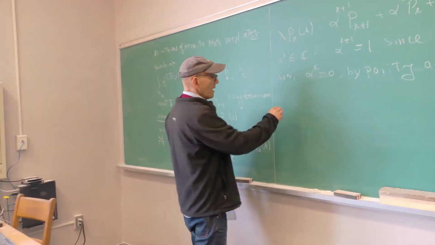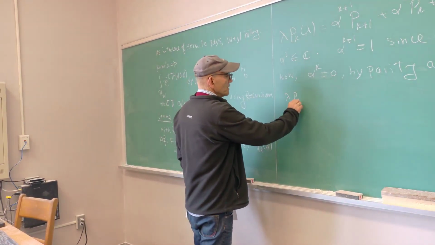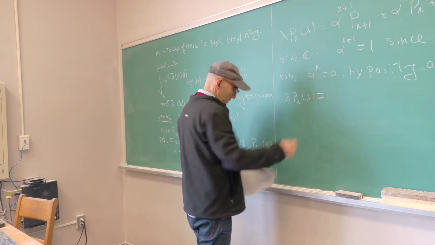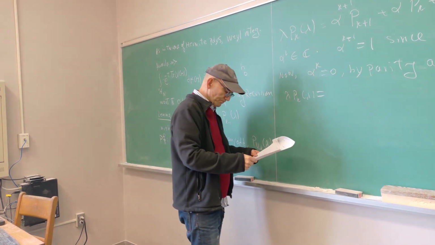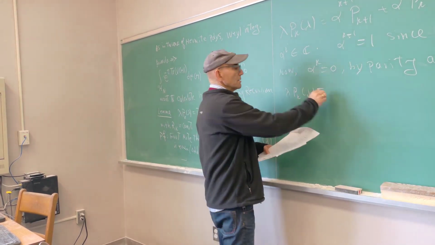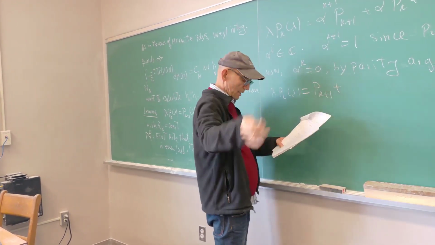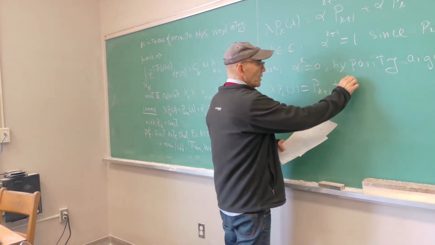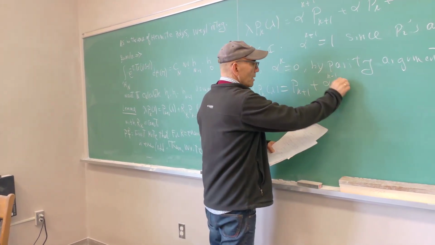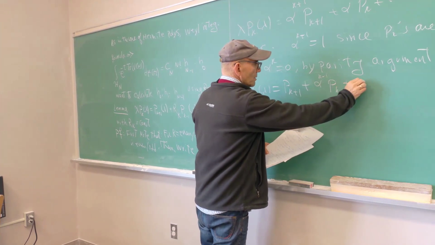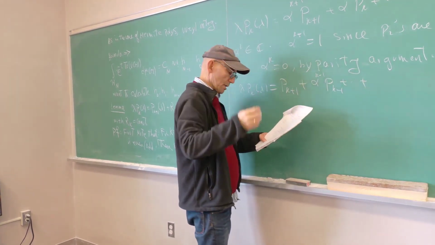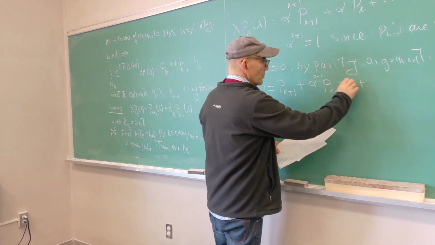So far we have that lambda pk is equal to pk plus 1, that stays. There is no pk, and then lower order terms: alpha k minus 1 pk minus 1, and then it goes to lower orders.